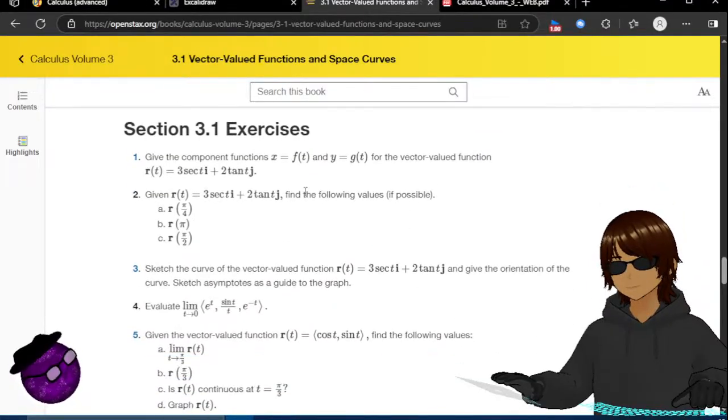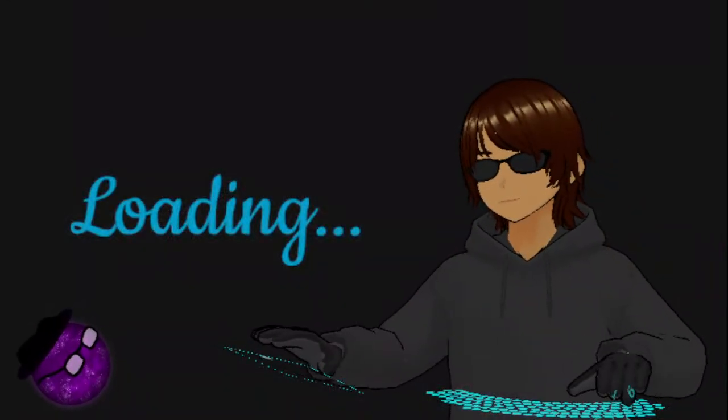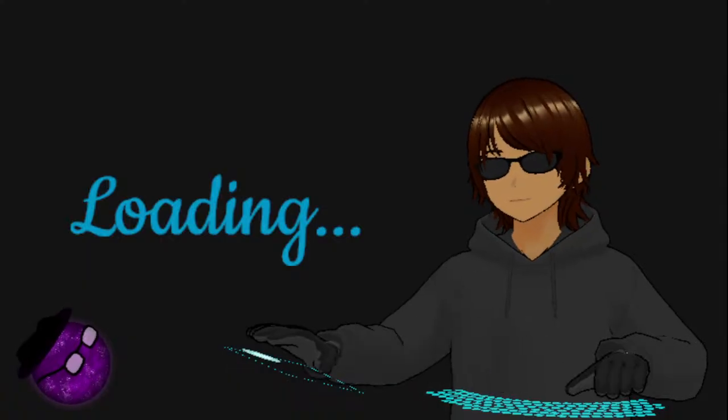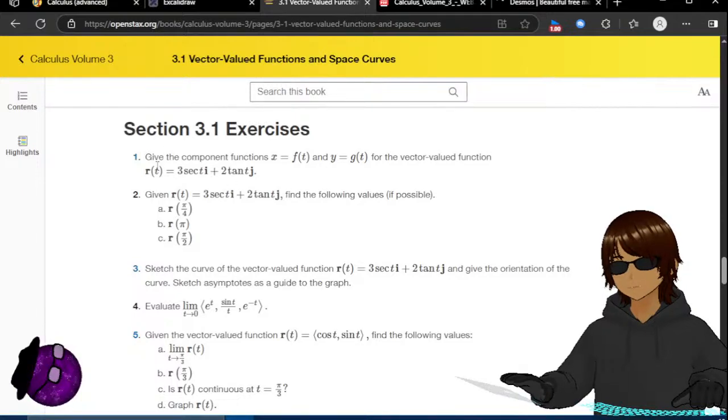Okay, let's see what we have here. Give the component functions. Actually, let's open Desmos as well. Give the component functions for the vector valued function. So the first component is 3 secant t and the second component is 2 tangent t.